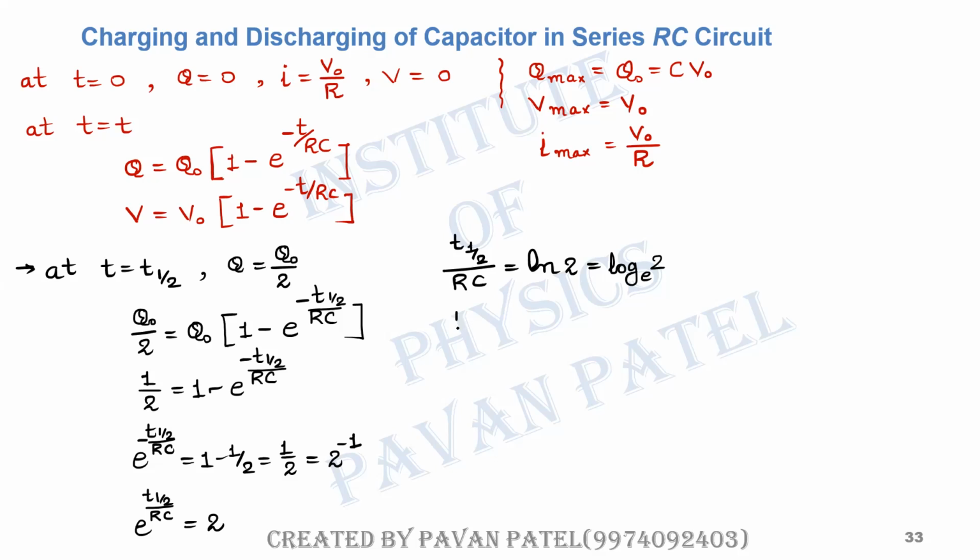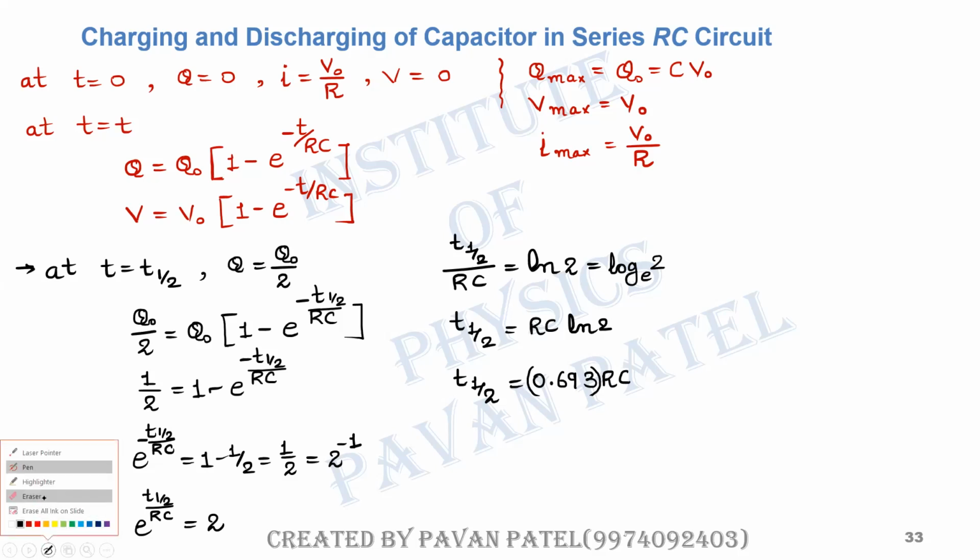So t half is equal to RC into ln2, then you will write t half is equal to 0.693 into RC. Just try to remember these two formulas. Both are the same thing.